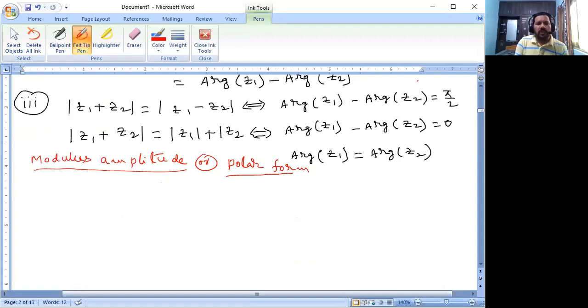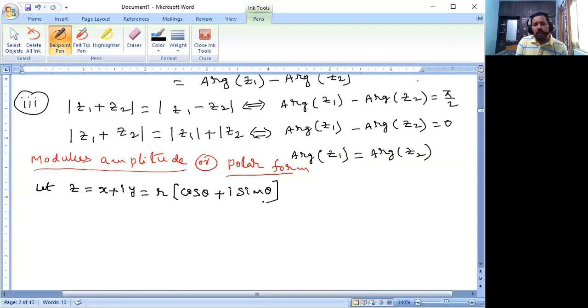What is modulus amplitude form or polar form? Take a complex number, let z is equal to x plus iy be a complex number. It is equal to r into cos theta plus i sin theta, which is called polar form or modulus amplitude form.